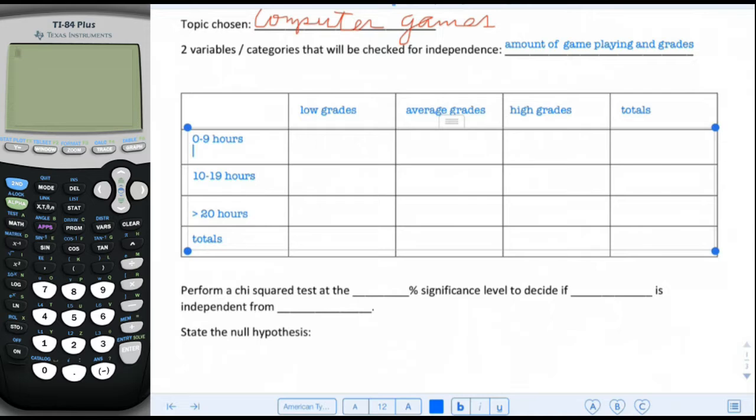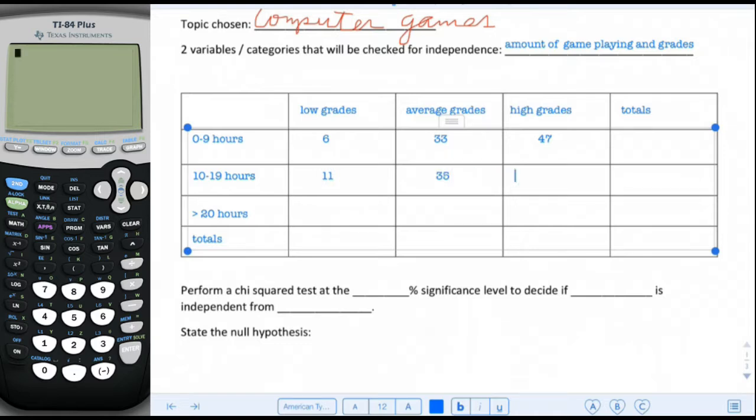And then I'm going to make up some data here. For example, I am going to put 6 here. I'm going to put 33 here. And then I'm just going to fill this table with numbers that I think make sense, okay? 11 here, 35 here, 22 here.